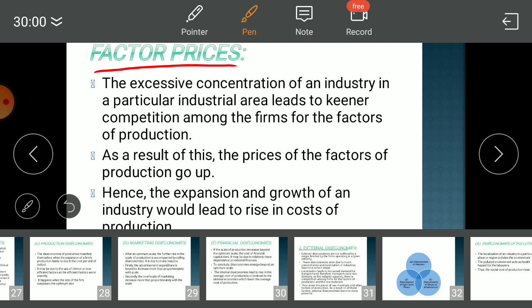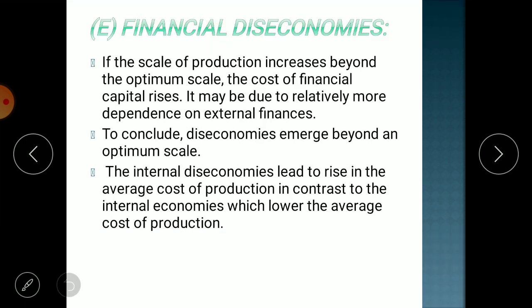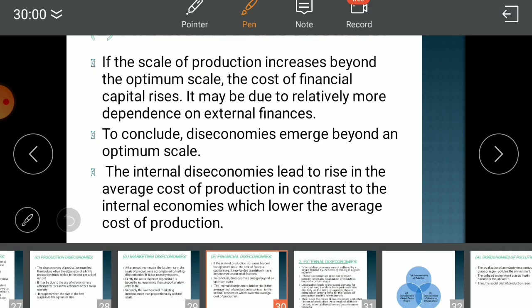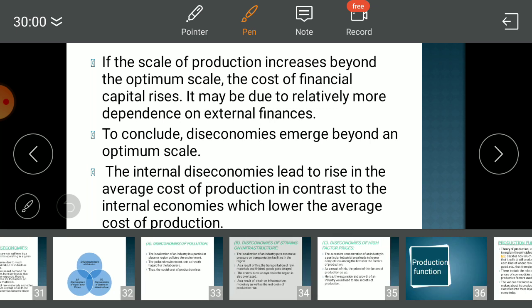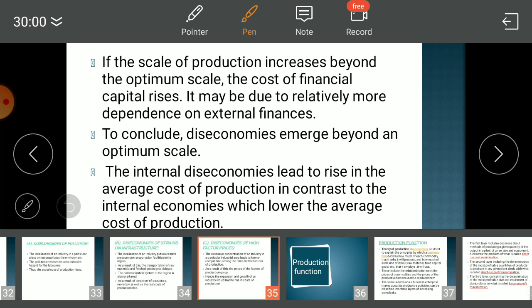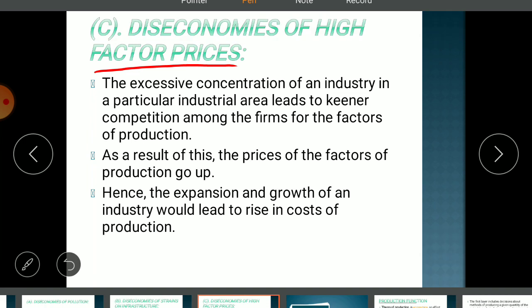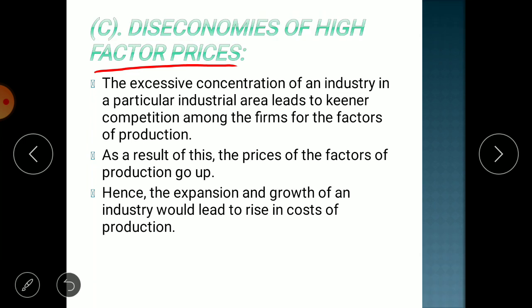There I gave you the same example: if you raise a loan one time, there may be a lesser interest rate, but if you keep on raising the loan every time, your interest rate will increase. Why? Because the bank is perceiving more risk in your enterprise. Land, labor, capital, and the last one is entrepreneur.